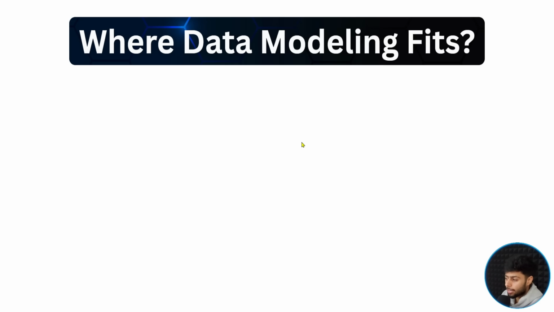So where does data modeling fit in the ETL layer? I can design the raw, enriched and curated layers. These are modern day names for the ETL layer. So our staging layer is called raw layer. Then we have something called enriched layer.